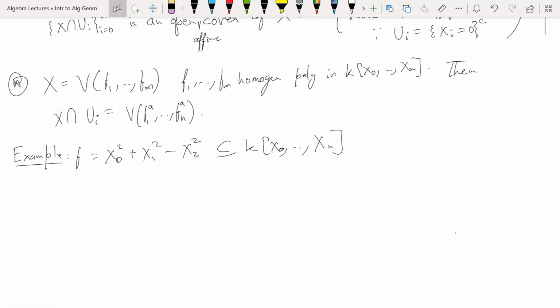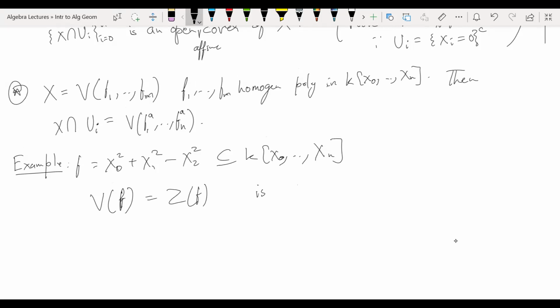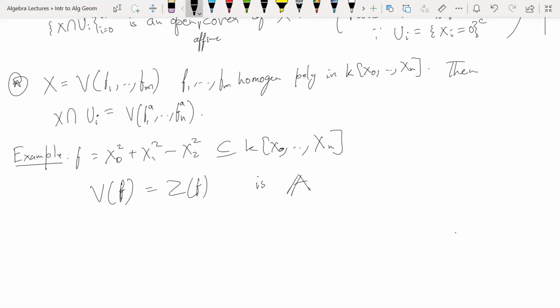It is a homogeneous polynomial, so V of F. Today I'm using V instead of Z, but it's the same as Z of F, by the way.